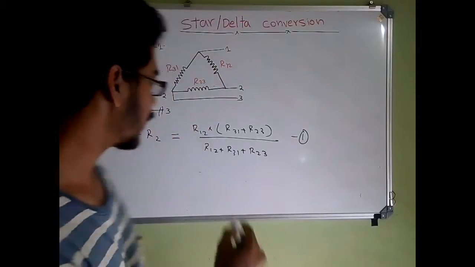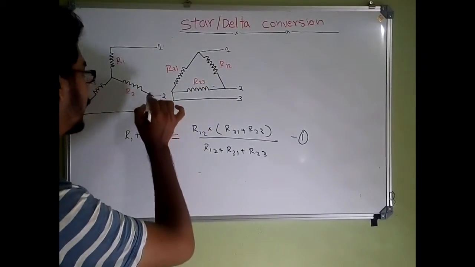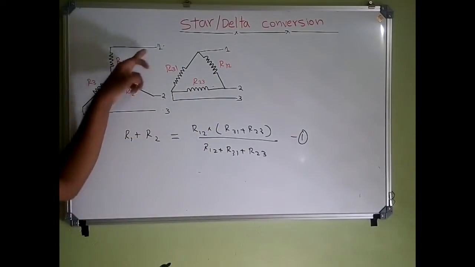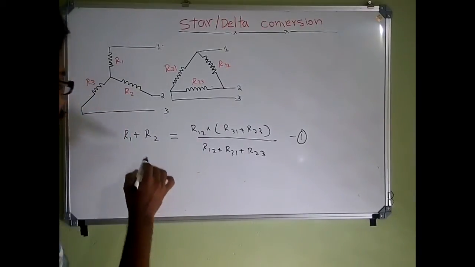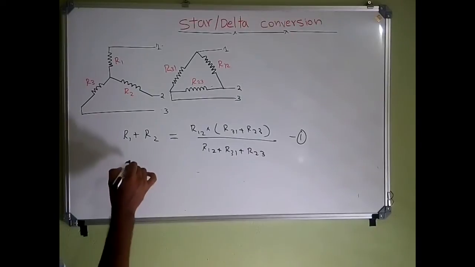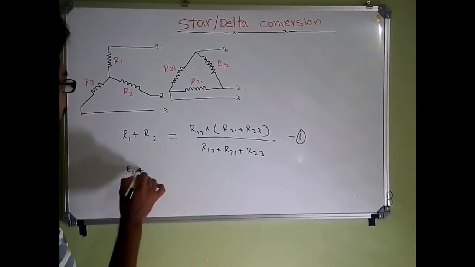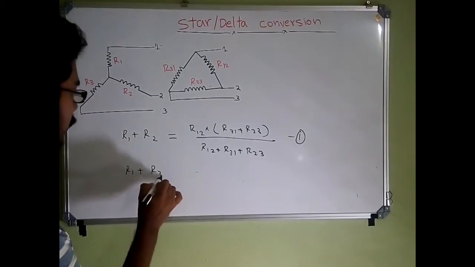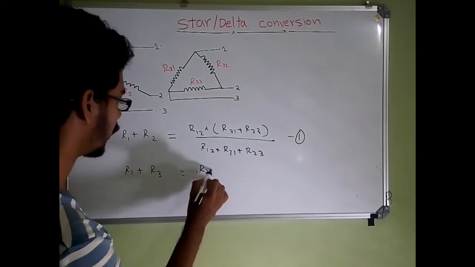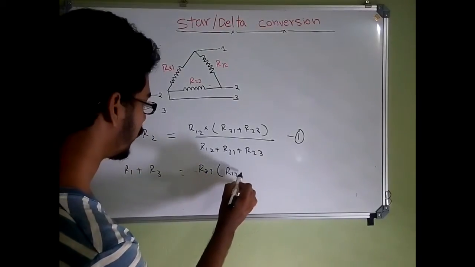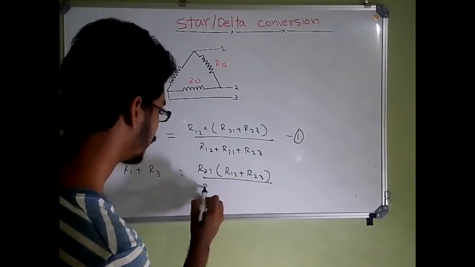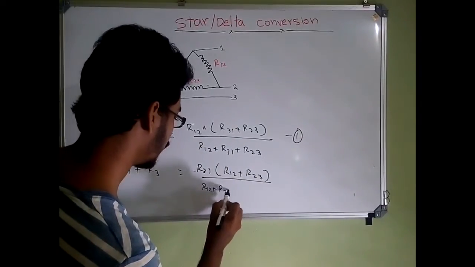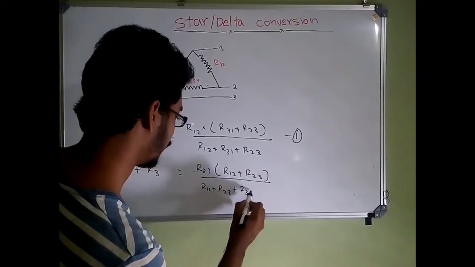Now consider terminal 2 as open and find the resistance between these terminals 1 and 3. Similar way as shown above, we get R1 plus R3 equal to R31 into R12 plus R23 divided by R12 plus R23 plus R31.